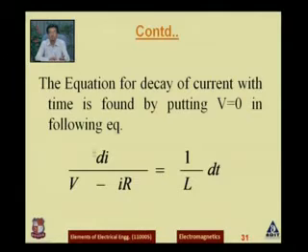This is the same equation that we used for the rise of current in an inductive circuit, right? What is the equation? It is di divided by V minus IR is equal to 1 by L into dt. Or in another way you can write V is equal to IR plus L di by dt. It is the same equation written in another form, with some terms rearranged.